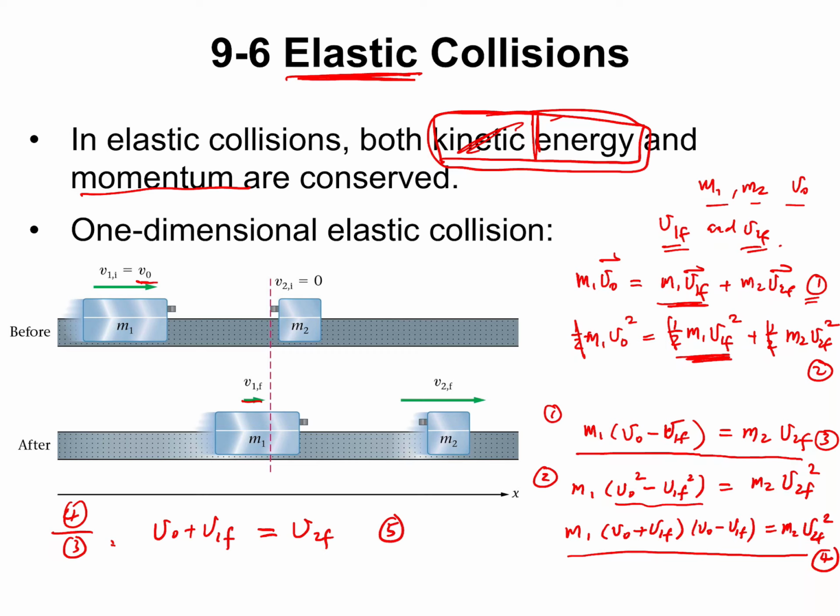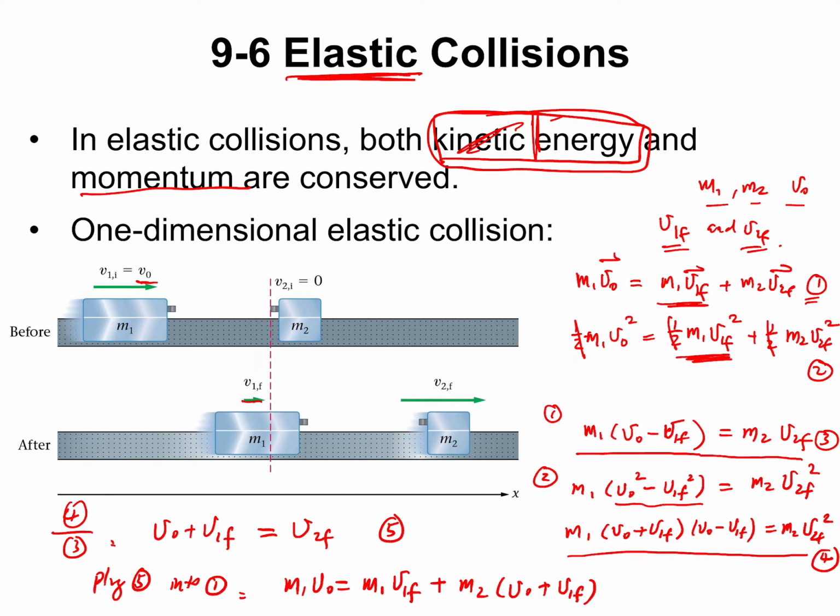And then you plug 5 into 1. So what we have here is m1 v0 equals m1 v1f plus m2 v2f, where v2f is v0 plus v1f.